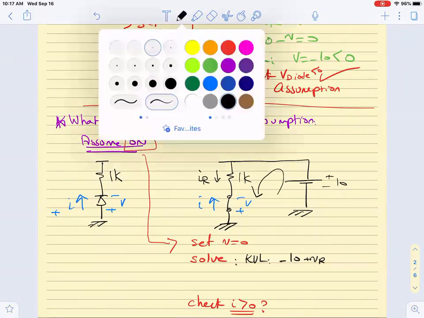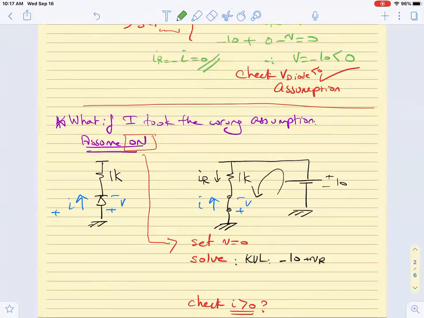So this is a plus VR, and then minus V of the diode is equal to 0. So this is minus 10 plus VR, minus 0 equals 0.